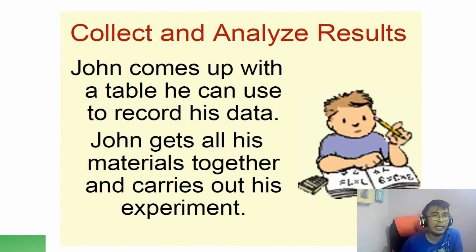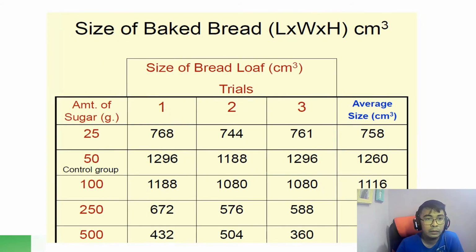And then after that, John needs to collect and analyze the result. In this case, John comes up with a table and he can use to record his data. John gets all his materials together and carries out his experiment. So here's the result of John's experiment. Let's say hypothetically these are the results.